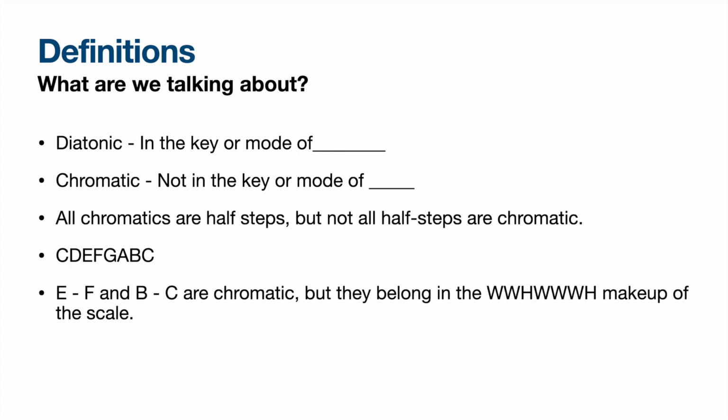Take any key: there are 7 notes, so any note that's not one of those notes is a chromatic. If I'm playing C, D, E, F, G, A, B, C in my scale, any note that is not that is considered a chromatic. Boom, done.